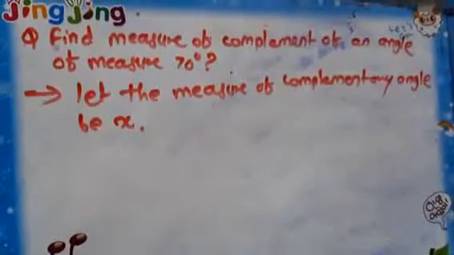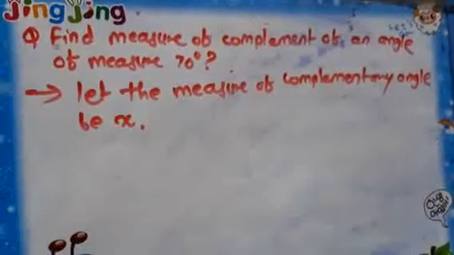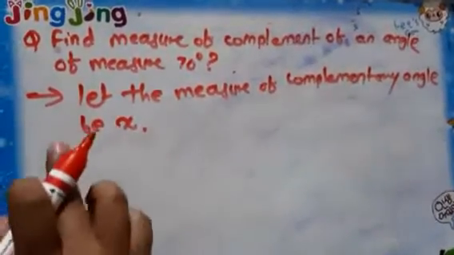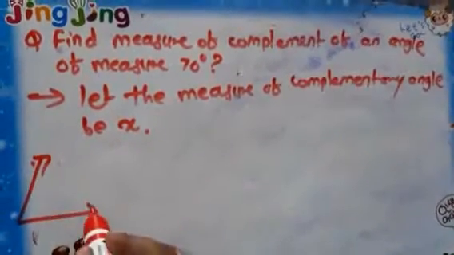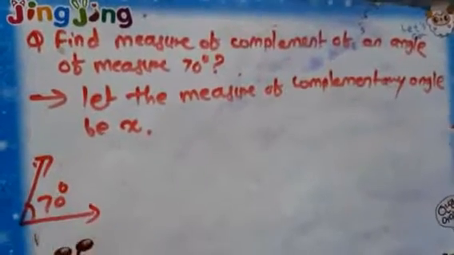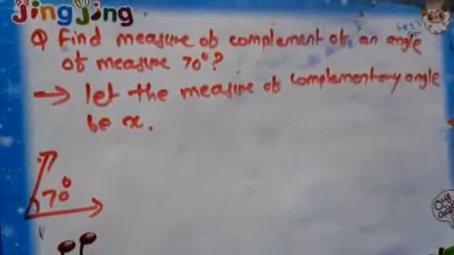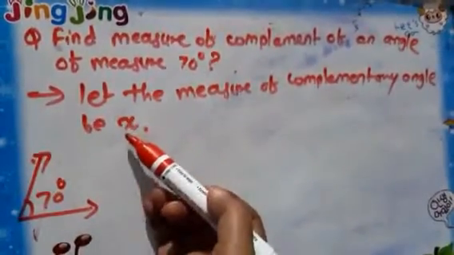Question is, find the measure of the complement of an angle of measure 70 degrees. For that I will draw a rough diagram. Suppose this is the angle which shows 70 degrees. Now we have to find the complementary angle for this angle. We don't know that angle, so we will take it as x.